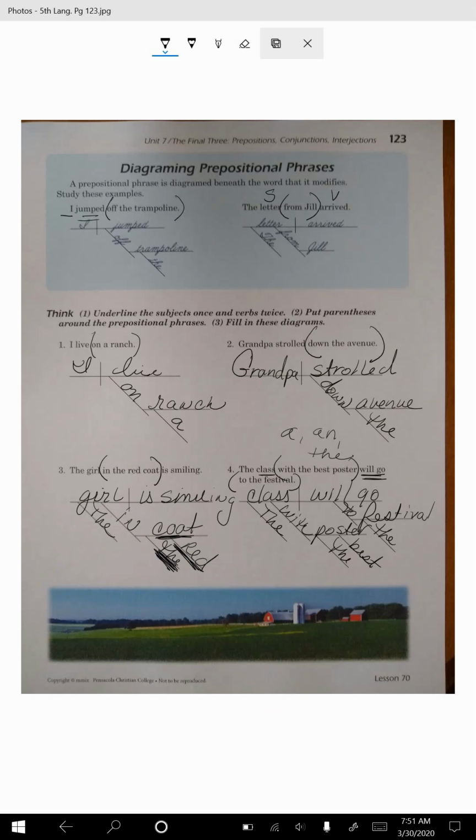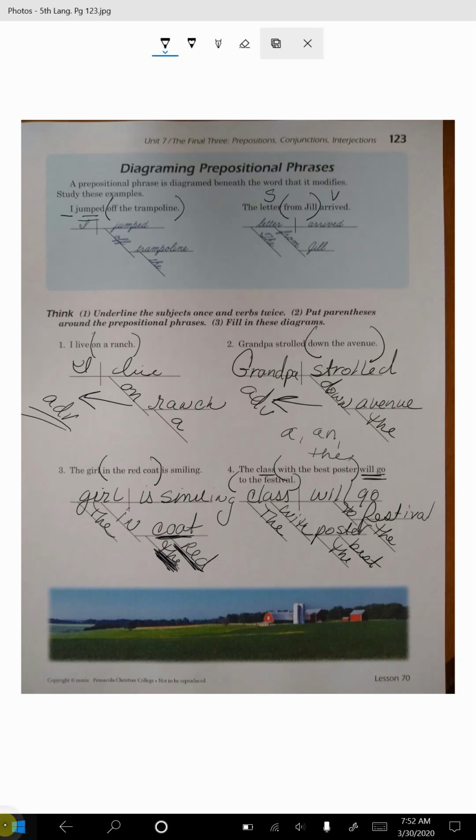Now, just so you know in the future, like this prepositional phrase up here described where you live. So where is an adverb. So this would be an adverb prepositional phrase. Prepositional phrases are always adjectives or adverbs. Where you strolled down the avenue, that would be an adverb prepositional phrase.